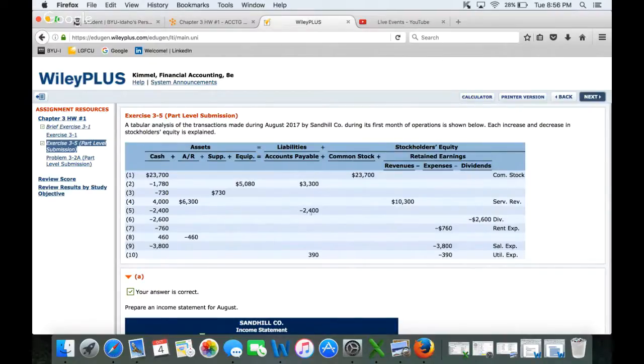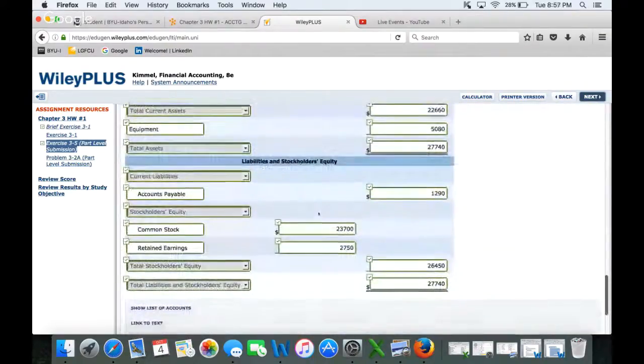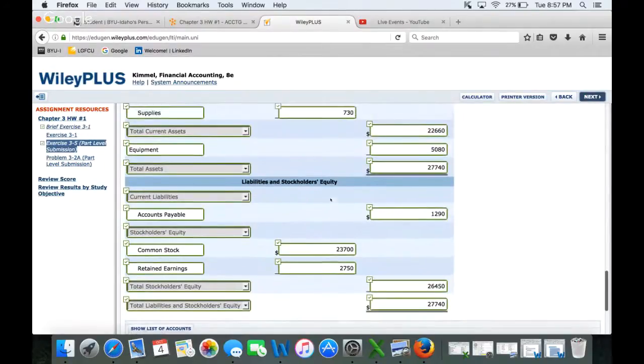So you start with 3,300, you subtract 2,400 from that, and then you add 390, which is then able to give you 1,290. And so since that's all of your current liabilities, you then move on to stockholders' equity.